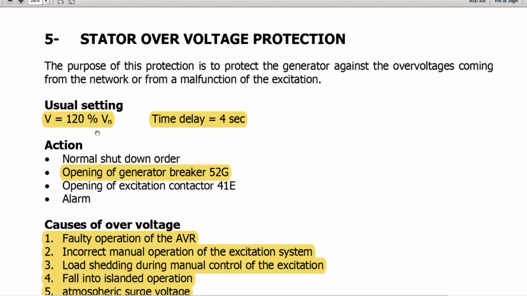Sometimes plus 10%, sometimes minus 10% voltage. But this overvoltage protection normally operates at 20% more voltage, with a time delay of only 4 seconds. In this case, the breaker will open and the gas turbine normal shutdown order will be given. It means the gas turbine will not trip, but it will go to normal shutdown. Similarly, the excitation breaker also opens.